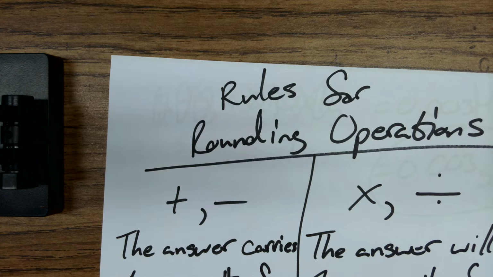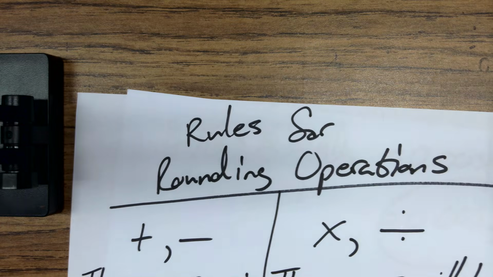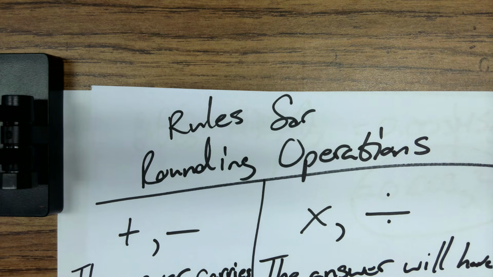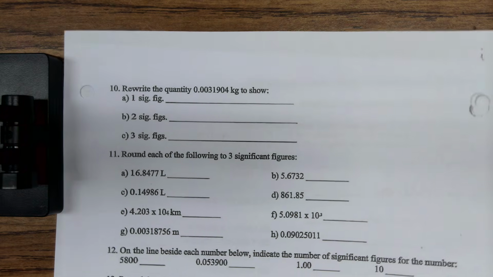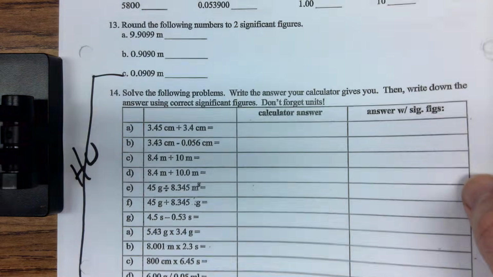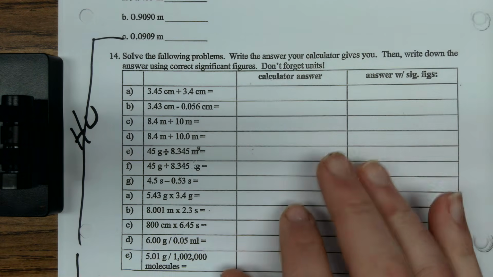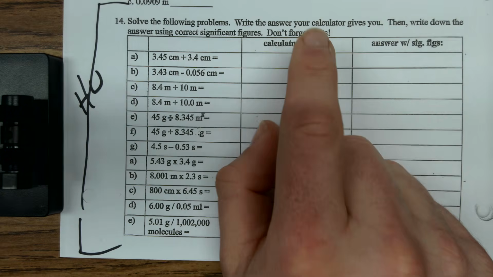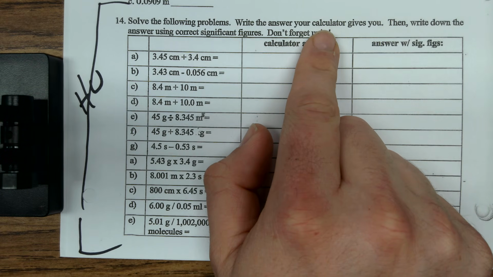Let's look at some of the questions from our homework together. Alright, rules of the homework. We're going to solve the following problems. We're going to write the answer the calculator gives me.